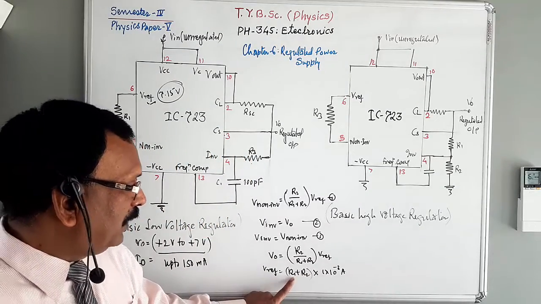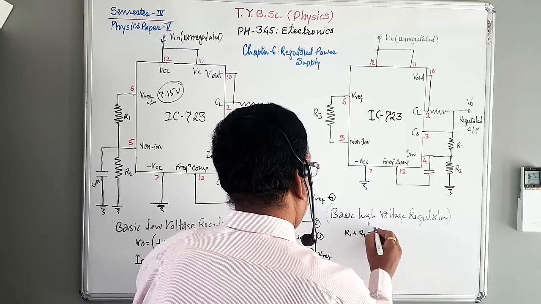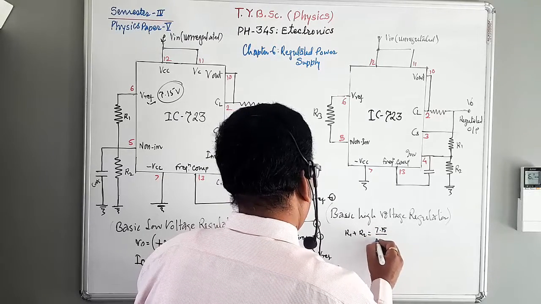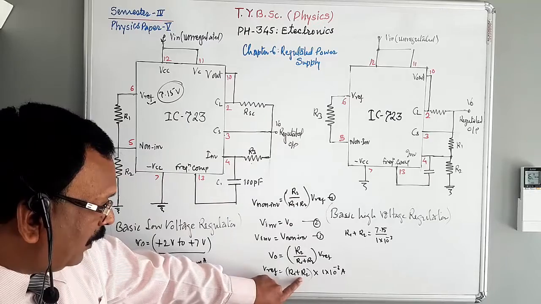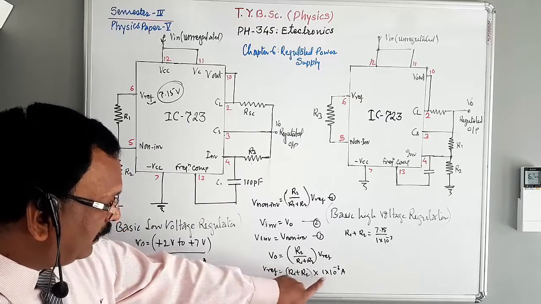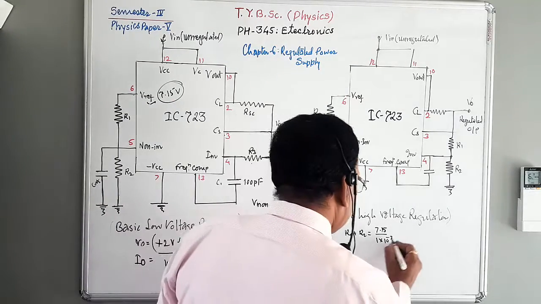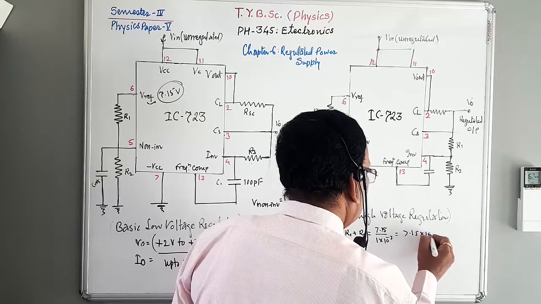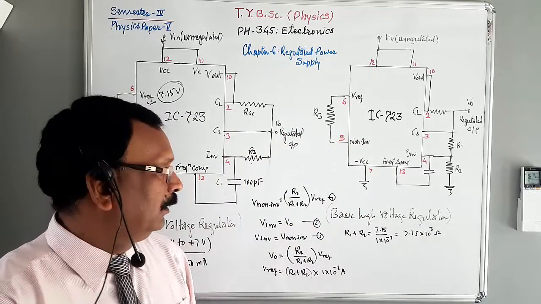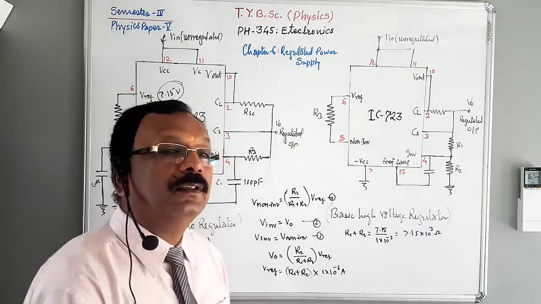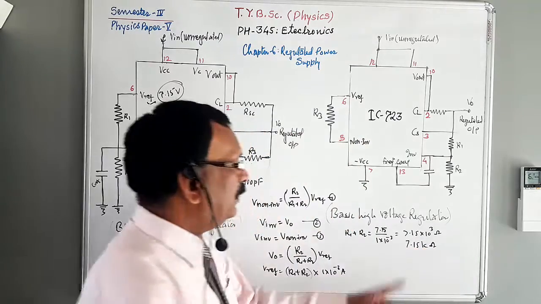So from this equation, R1 plus R2 is equal to V reference upon 1 into 10 raised to minus 3, which gives 7.15 into 10 raised to 3 ohm, or 7.15 kilo ohm. 1 kilo ohm is equal to 10 raised to 3 ohm.